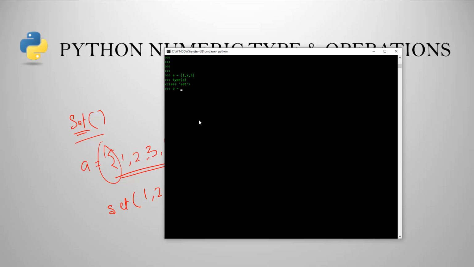If we create a dictionary and want to check the type of B, it will show it's a dict. Both are represented in curly braces, but basically the curly braces are reserved for the dictionary types.